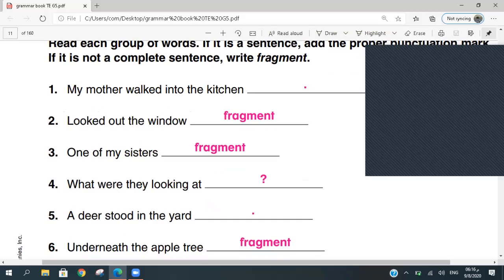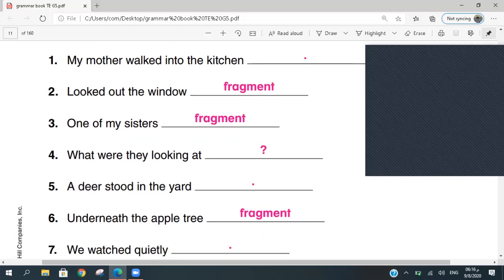We watched quietly. So what should we add at the end of the sentence? Period or question mark? Period. Of course, because it's a statement, right?